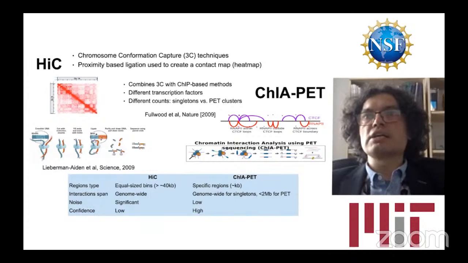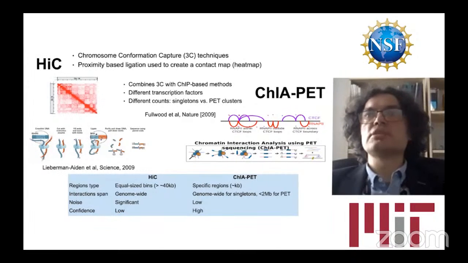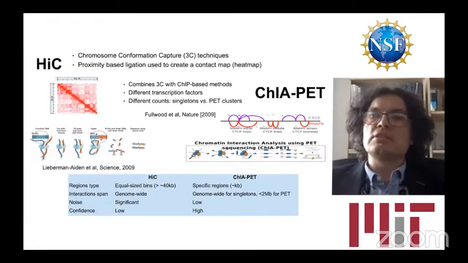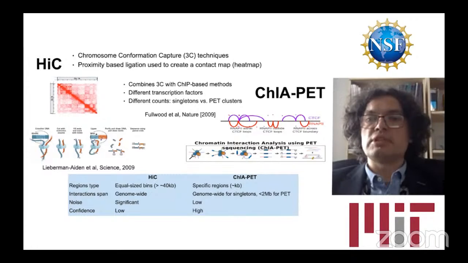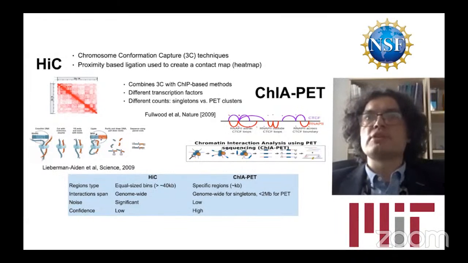So therefore we don't use heat maps like here, but we use arcs, and each arc represents a single interaction between the beginning and end of a so-called chromatin loop. And this beginning and end is glued together by the given protein, so CTCF in this example, or it could be RNA-POL2.